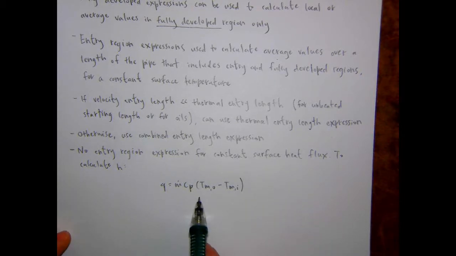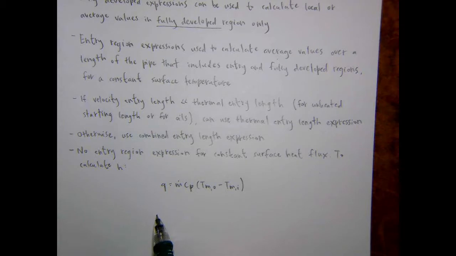If you subtract m dot Cp T at the inlet from that at the outlet, that tells you how the rate of thermal energy advection has changed between the inlet and the outlet. And that has to equal the amount of heat that was either input to the fluid in the pipe or lost from it.